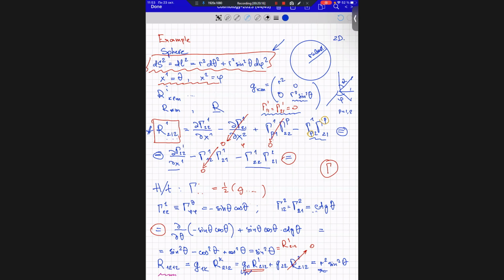I will write here that g11 equals r squared and g22 equals r squared sine squared theta. I know, for example, that g^{ik} g_{kp} equals delta_i^p, which is 1 if i equals p and 0 if i is not equal to p.